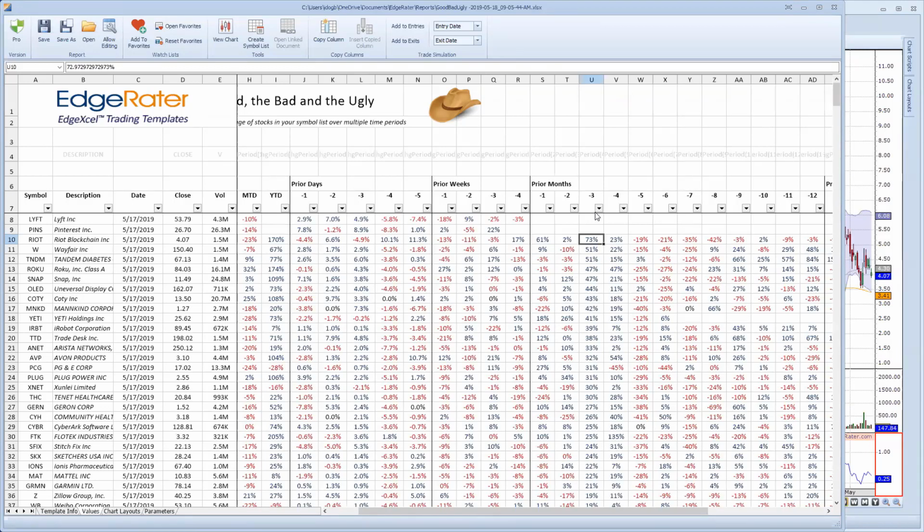Yeah, so the February period. So you can look at the stocks that had great performance there, and then just scan over to the left a little bit. Okay, so you go to the -2 column. So this is March, and then April.